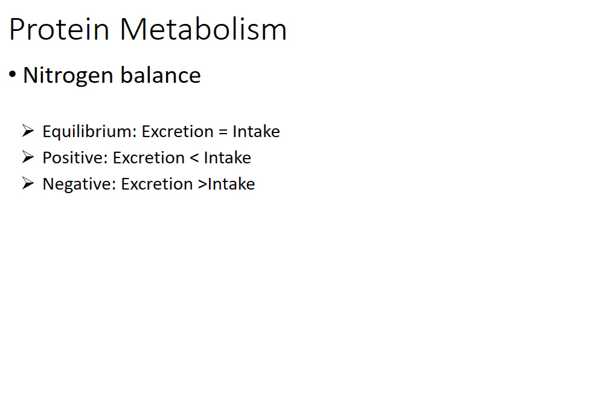The resulting amino acids are oxidized and the nitrogen is then excreted through urine. The nitrogen lost in urine and feces on a protein-free diet is called endogenous nitrogen, which is derived from the body. When protein is taken in the diet, new tissue proteins are formed.